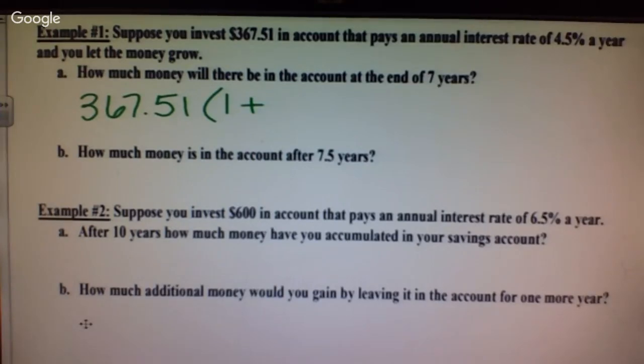We need to add our interest rate as a decimal. So what does 4.5% look like as a decimal? 0.045. What am I raising this to? 7.